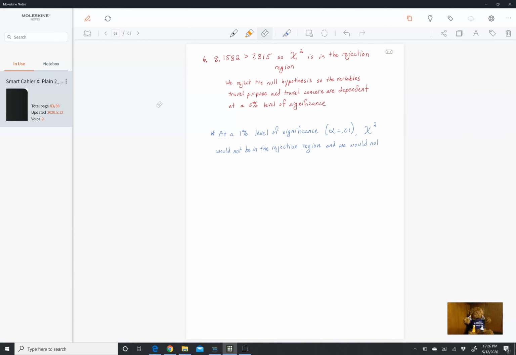Which means that we would not have enough evidence, or we would conclude the variables travel concern and travel purpose are unrelated.